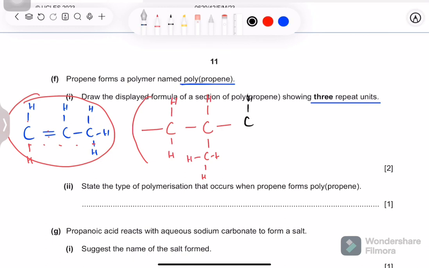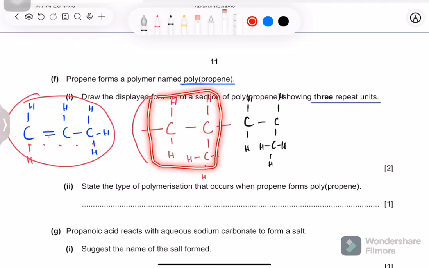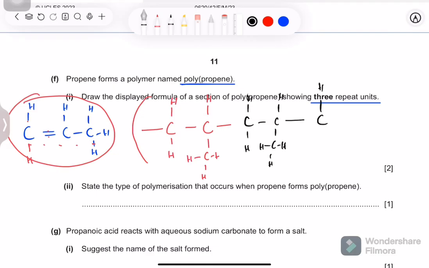CH, CH, CH3. What will happen next? Because these are 2 repeat units, 1, 2, 3 repeat units. The third one here, the same compound will be drawn. Just you have to figure out this one bit.